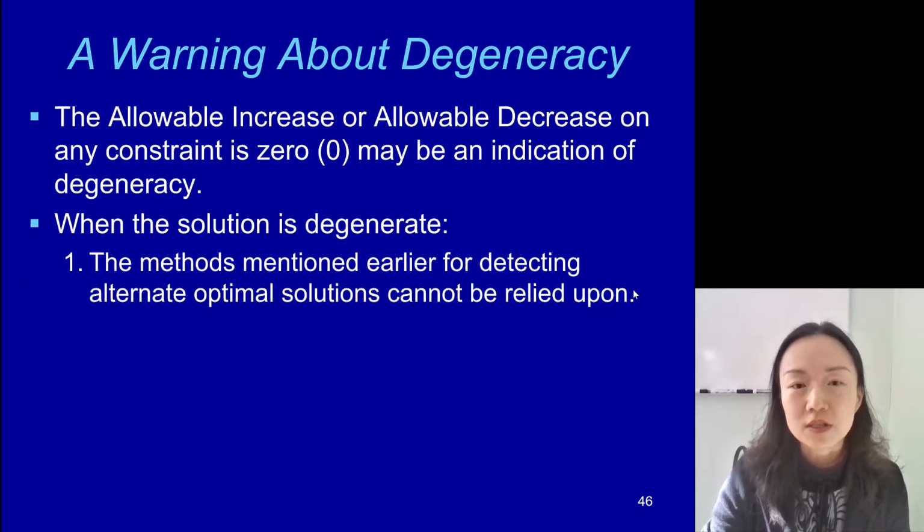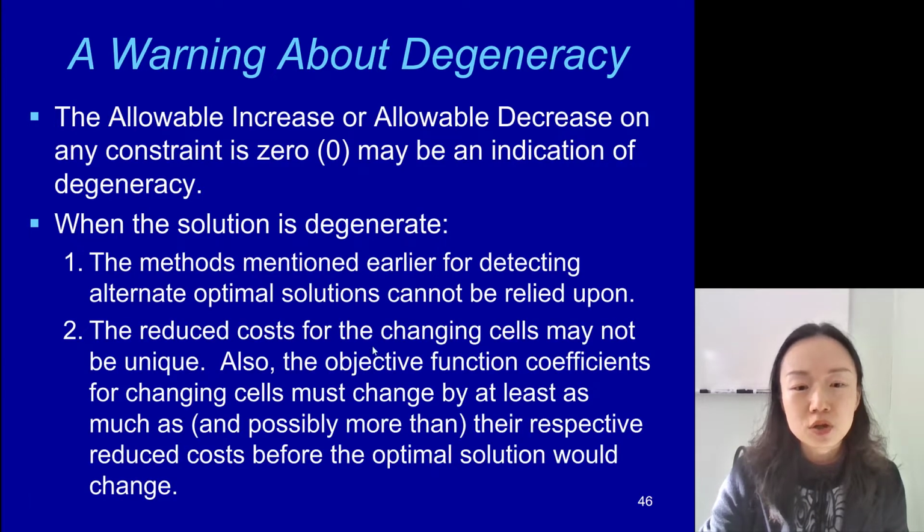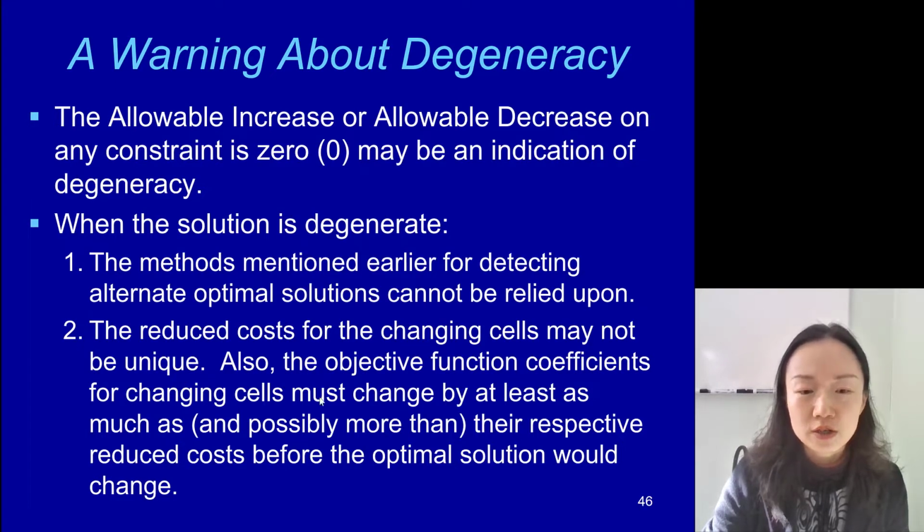So even if there's a 0 in the allowable increase and decrease for the objective function coefficients, we still cannot conclude that alternate optimal solutions exist. The reduced cost for the changing cells may not be unique. Also, the objective function coefficient for changing cells must change by at least as much as, sometimes possibly more than, their respective reduced costs before the optimal solution would change.